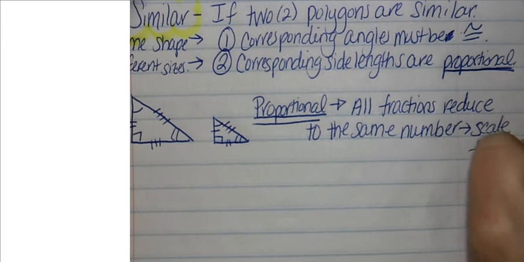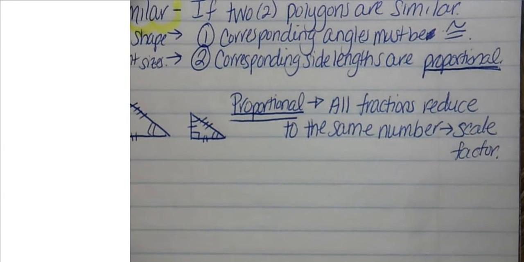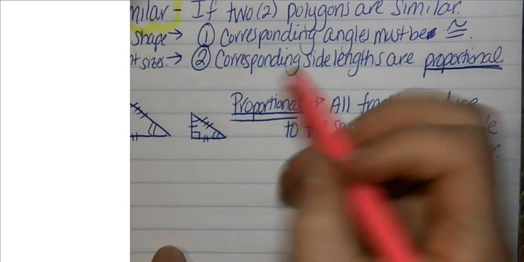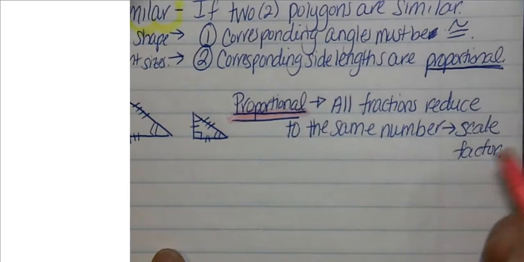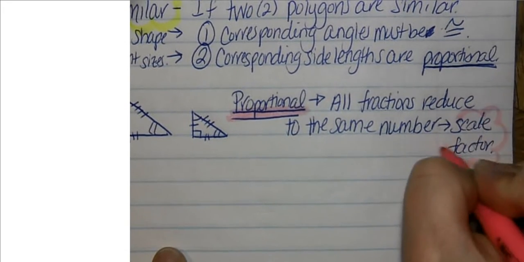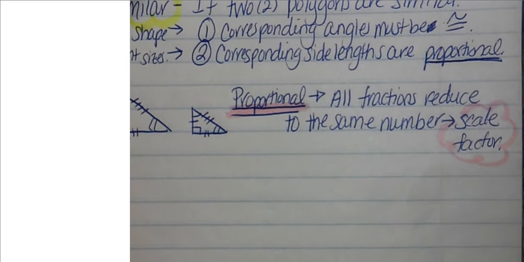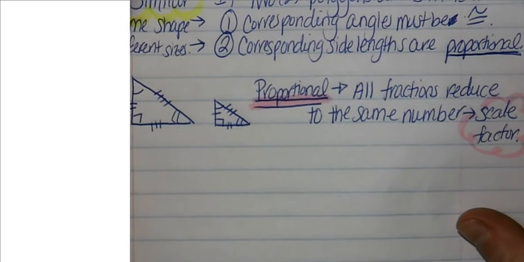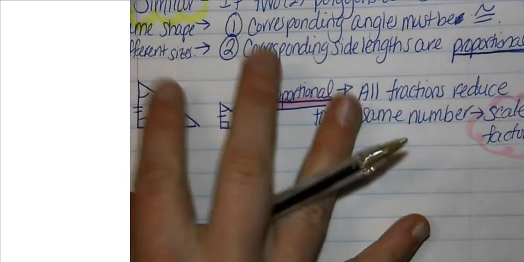And we talked about scale factor back in the beginning of the school year. Scale factor, as you guys recall, was what we talked about when we were working with dilations. We needed to identify what figure or what side length came first and compared it to what came second. The same thing, the same idea of scale factor is what we are going to use with similar figures.